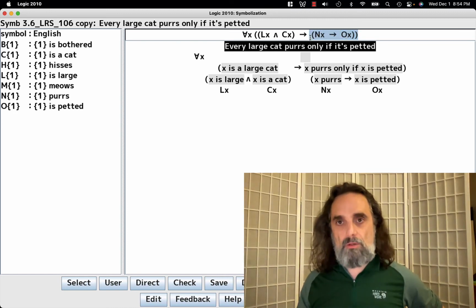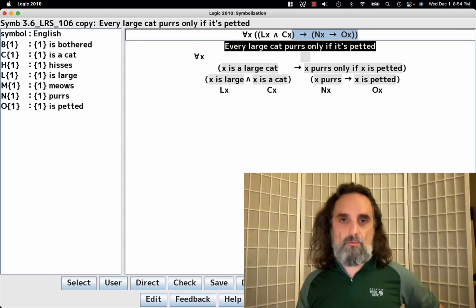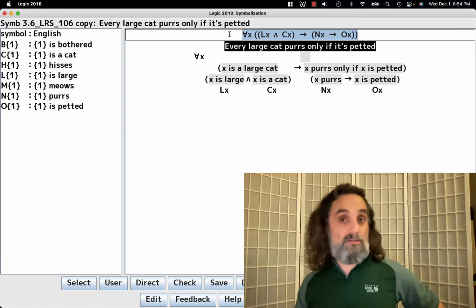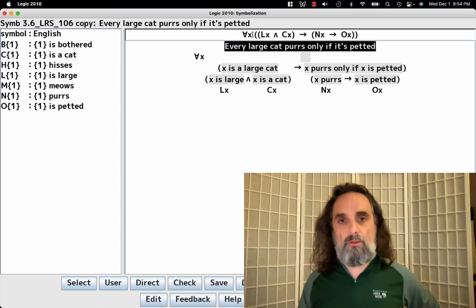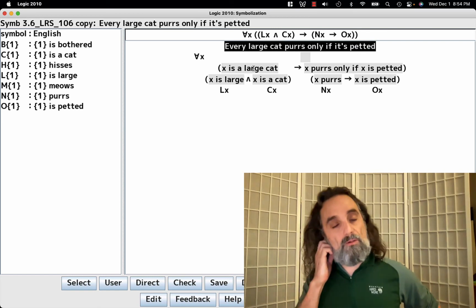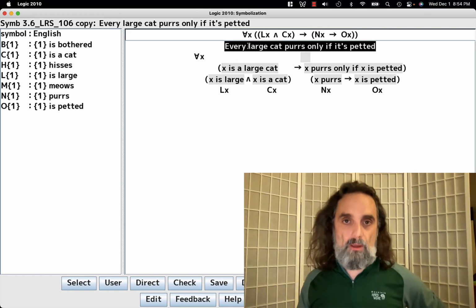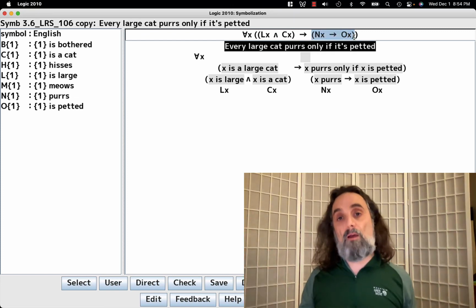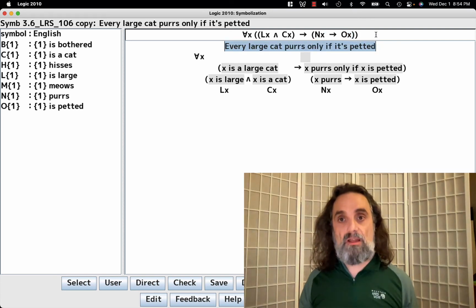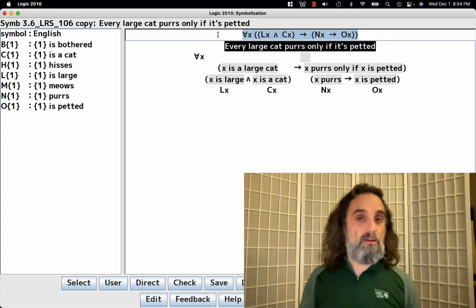And so all the different pieces of this really big sentence, which has a very different tree than the earlier sentence, nonetheless correspond with parts of the logical sentence. The every, universal; large cat is our noun phrase, goes in the antecedent; purrs only if it's petted, being the verb phrase, goes in the consequent. There we go. We have a correspondence between the pieces of this and the pieces of that. Very nice.